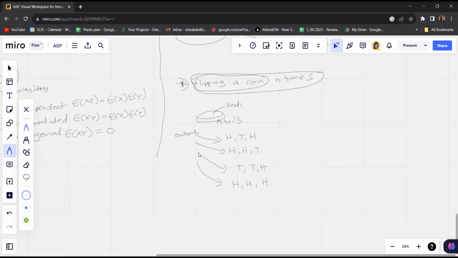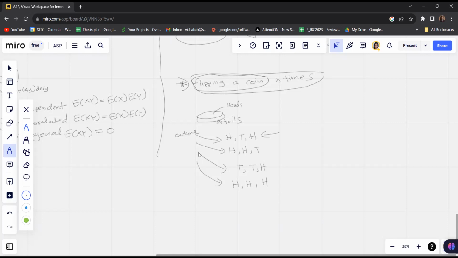There could be different combinations that can occur each time we do this experiment. For each realization, we get a certain different output.